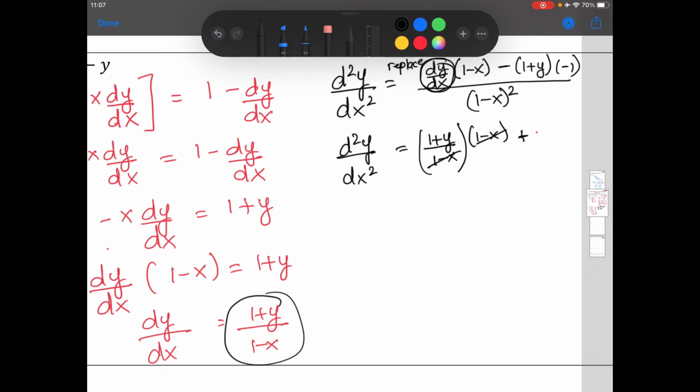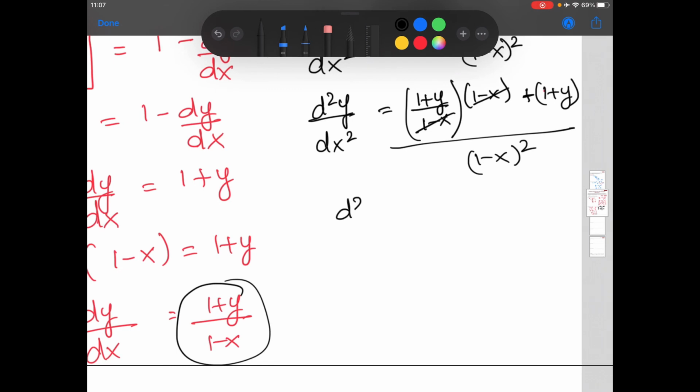So this would be plus y plus 1. I'll just leave that in parentheses, all over 1 minus x squared. This cancelled, so you're left with 2 times 1 plus y over 1 minus x squared.